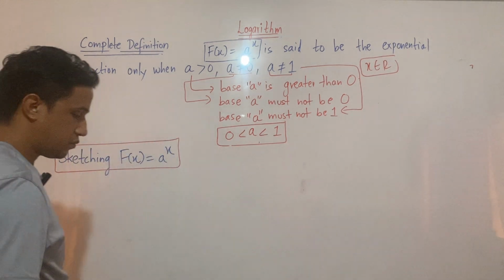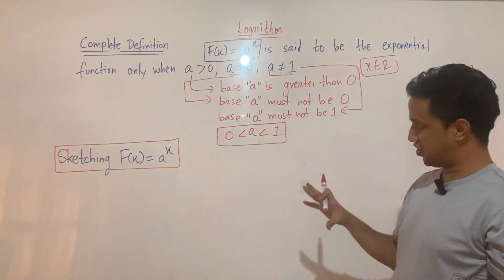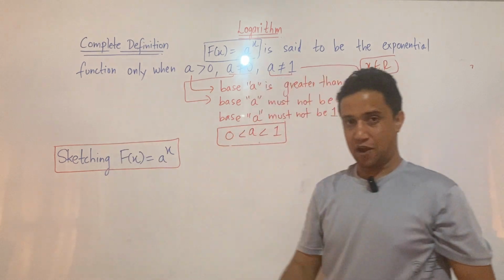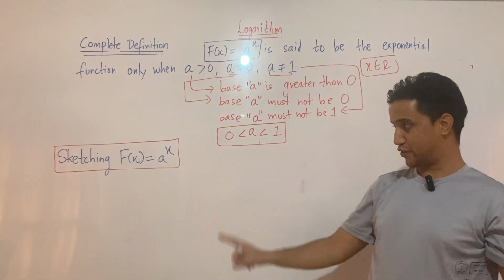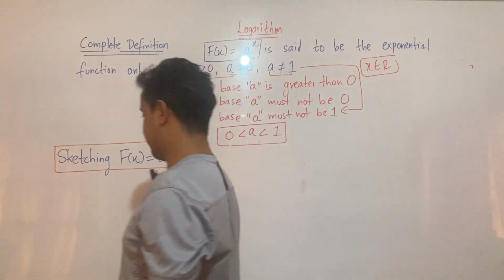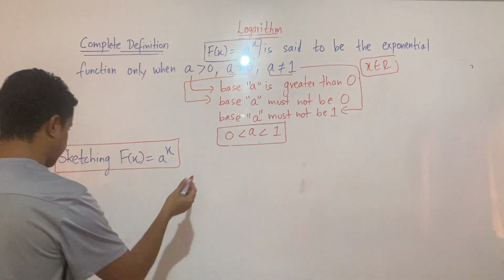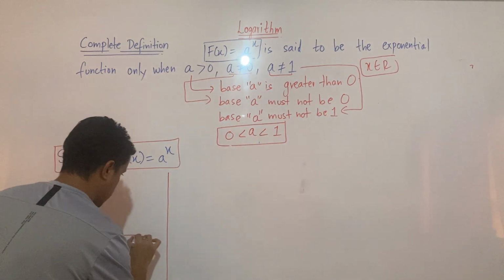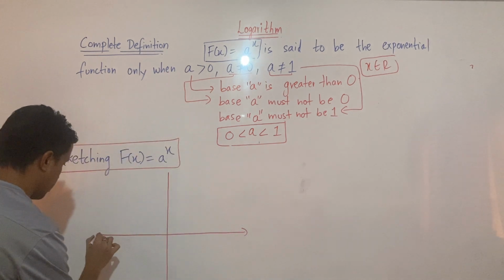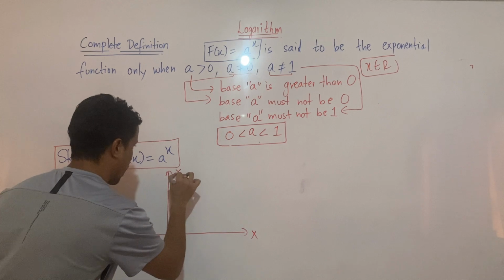Now we are going to observe very interesting things here when we sketch the graphs of different exponential functions. Okay, so here I'm going to draw my xy plane. This is x, this is y.